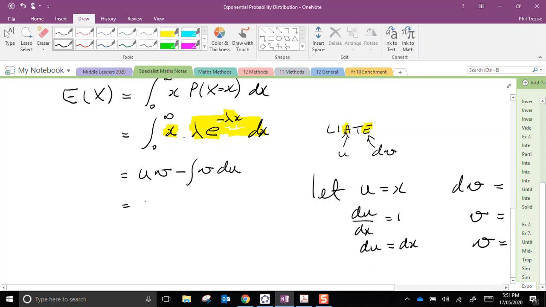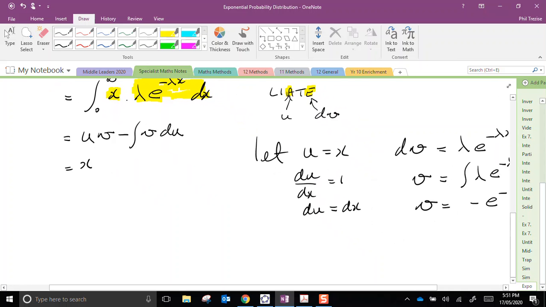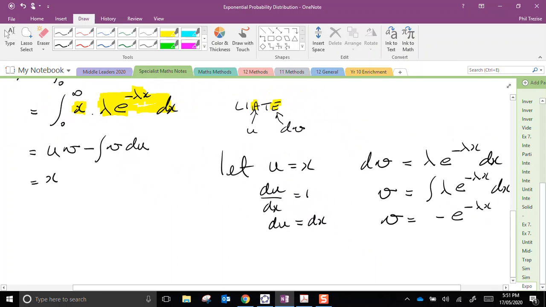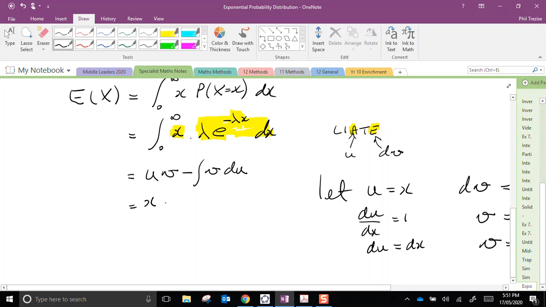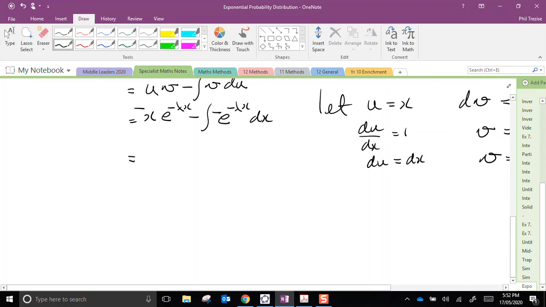Now what have we got here? Well, u was x and v was negative e to the negative lambda x, so negative x e to the negative lambda x, minus the integral of, well, v was negative e to the negative lambda x, and du was dx, wasn't it?